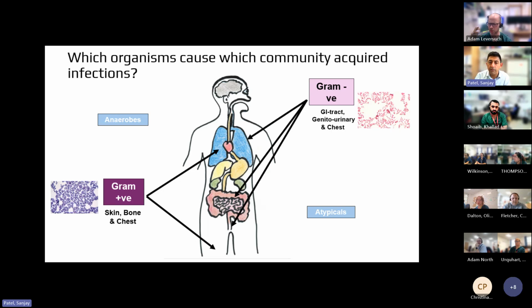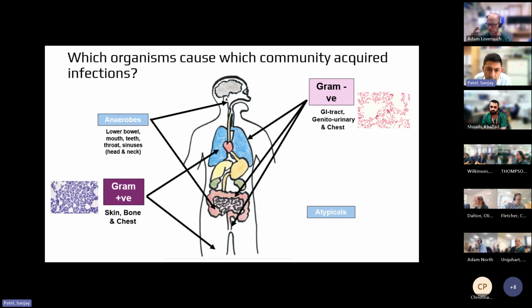Whilst our gram-negative infections, so these are things that are often harbored in the gut, are more likely to cause our gut infections, things like salmonella, things like shigella, etc. Toxigenic E. coli will cause urinary tract infections and may cause some chest infections as well, like Haemophilus, etc. Pseudomonas in comorbid children.